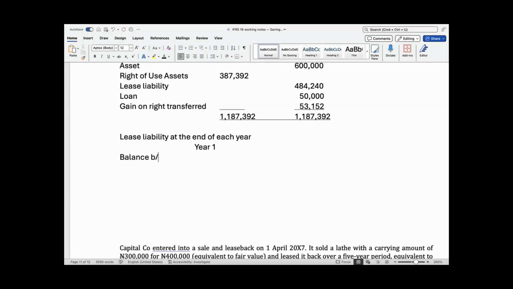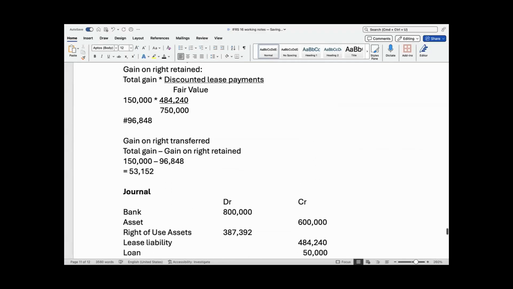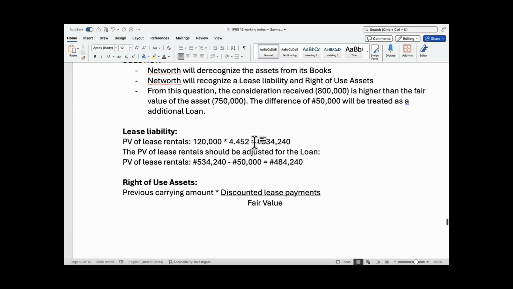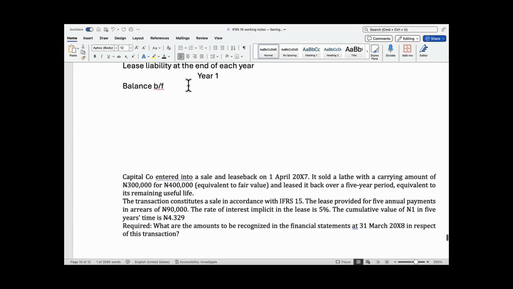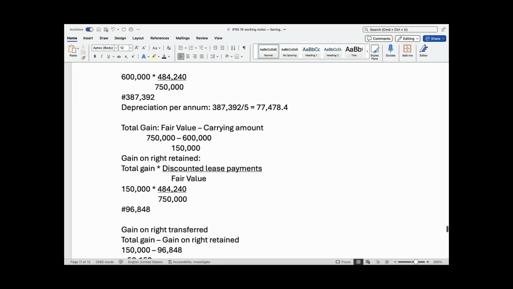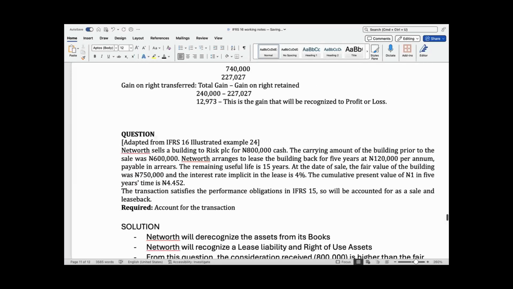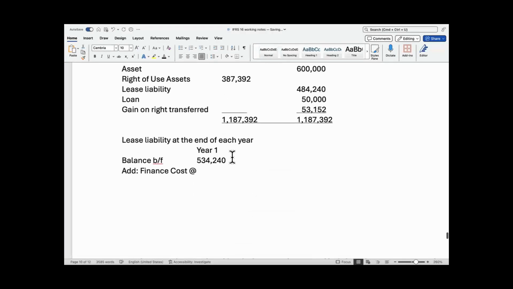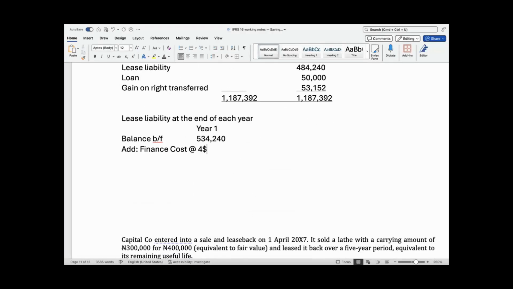So the balance brought forward for the liability is this 584,240. Then you are going to add finance costs at which rate now? They give us the discount rate. They give us 4%.